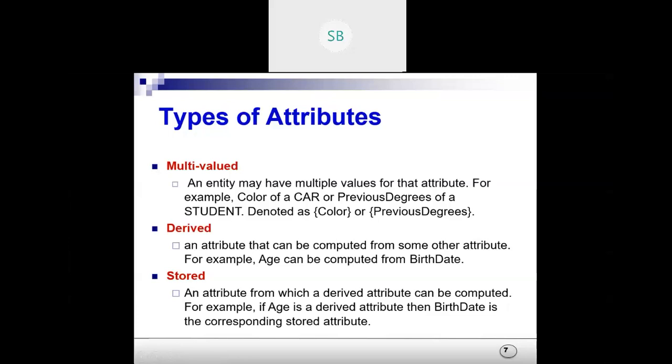Next, we have the derived attribute. Whenever there is an attribute that can be derived from a particular attribute, it is called a derived attribute. For example, if someone mentions the date of birth, we can easily count the age. So that age is the derived attribute from the date of birth.